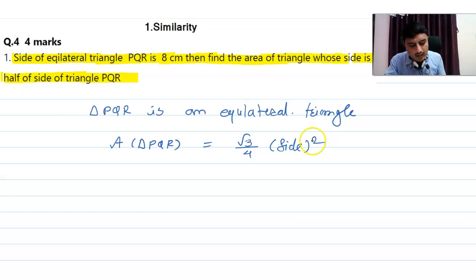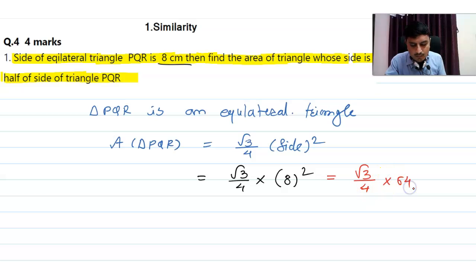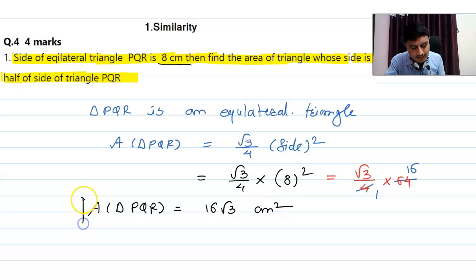The length of the side is 8 cm, so we get root 3 by 4 into 8 square. 8 square is 64. So root 3 by 4 times 64. We know 4 fours are 16, so the area of triangle PQR equals 16 times root 3 square centimeter.